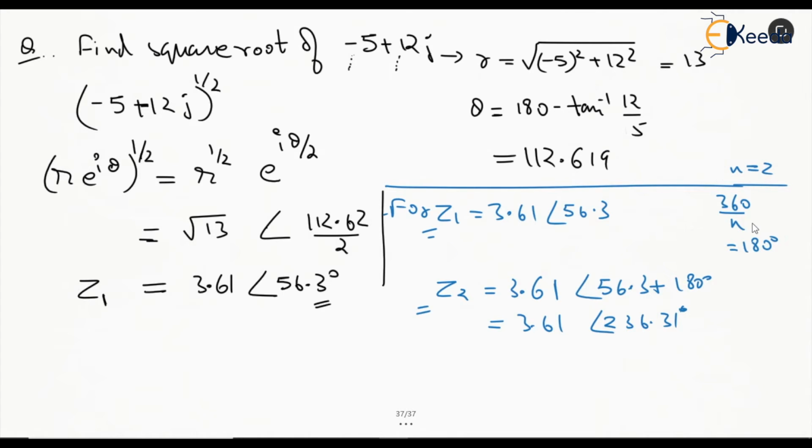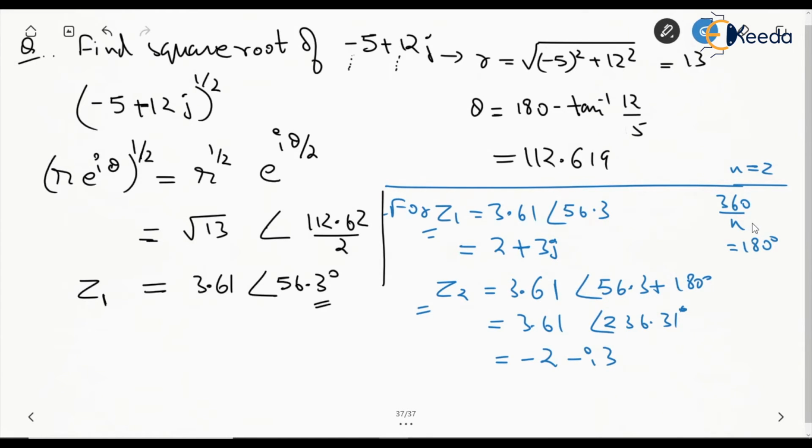Also, in the rectangular form, this is coming out to be 2 for the real part and 3 for the imaginary part. So this is 2 plus 3j as the first root, and the other one, at 236.31 degree, will be minus 2 minus 3j.